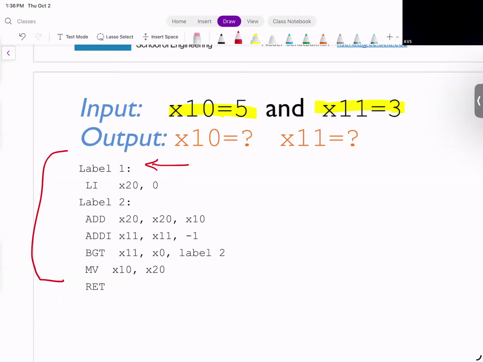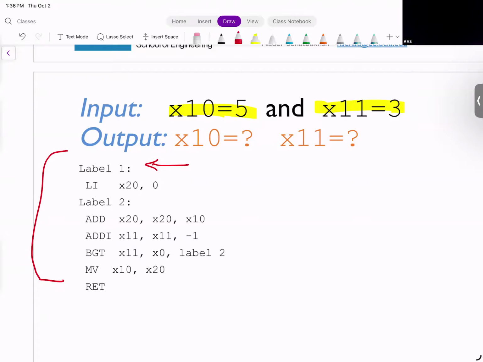Anyone wants to answer? All right, since I want to finish this, yeah. 10, 15, and x11, 0.